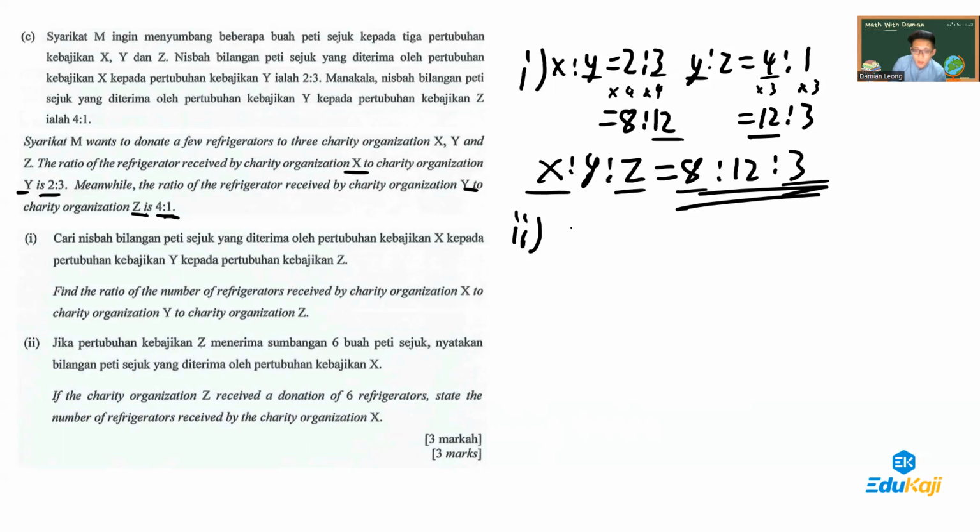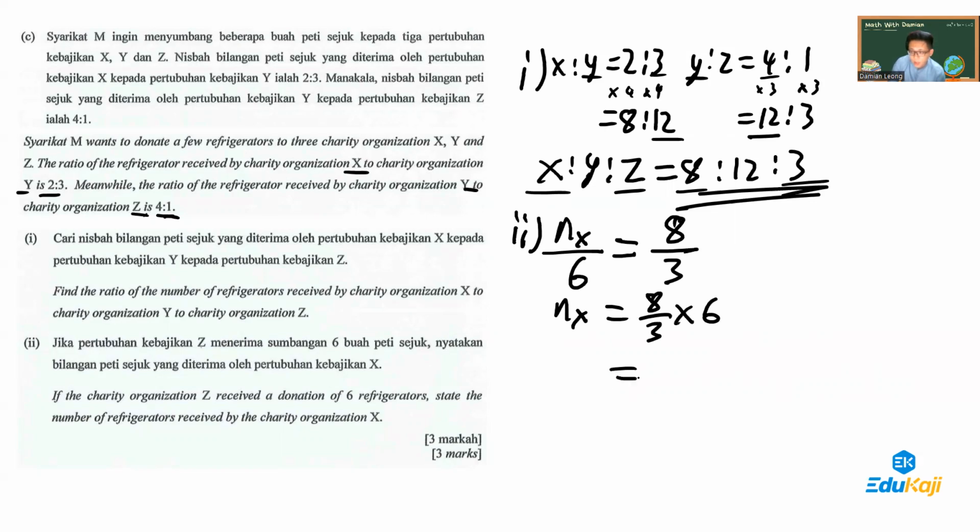So the number of refrigerators by organization X over the number received by organization Z, 6, is equal to parts in the ratio, 8 over 3. So the number received by organization X is 8 over 3 times 6, which is 16. That's it.